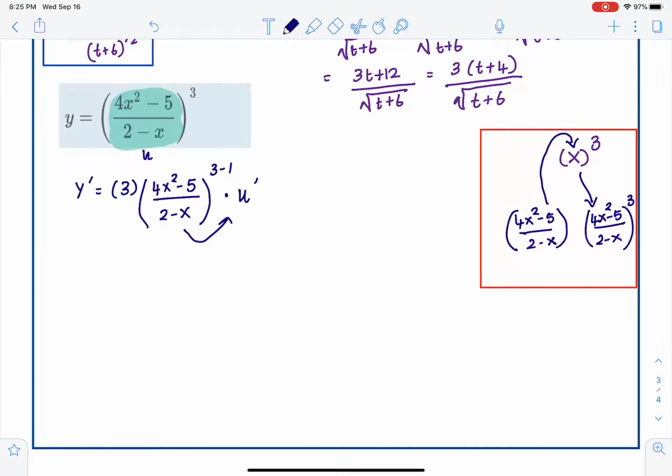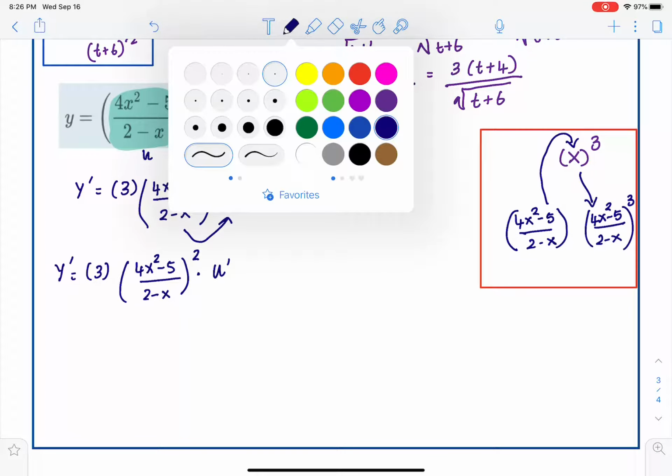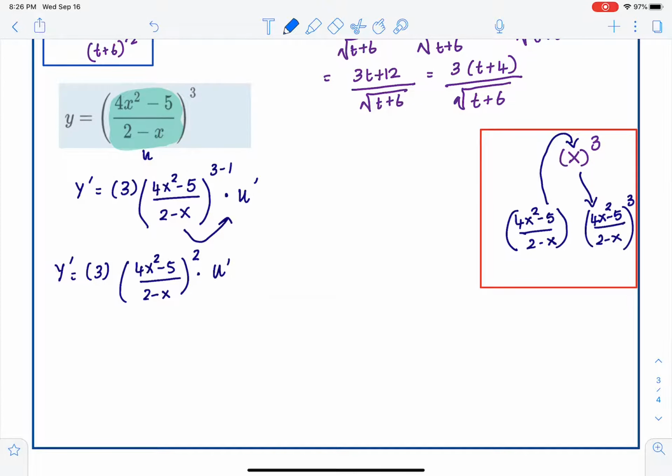So y prime is 3 multiplied by 4x squared minus 5 over 2 minus x raised 2 times u prime. u is 4x squared minus 5 over 2 minus x.